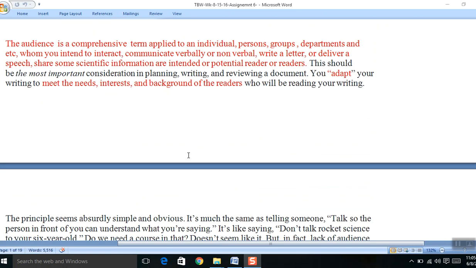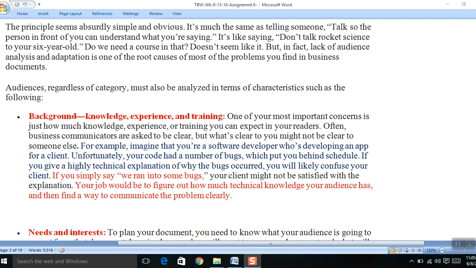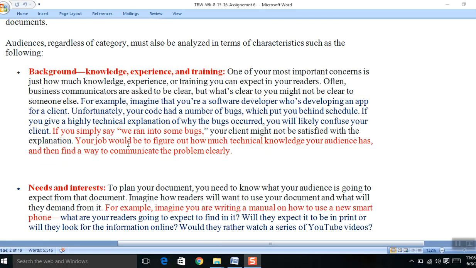Well, you have got this idea. Here it is written, all this. Adapt yourself to meet the needs, interests, and backgrounds of the readers. Adaptation needs the following point, that is called audience analysis. The adaptation can well be achieved if you have understood briefly and accurately the audience traits.